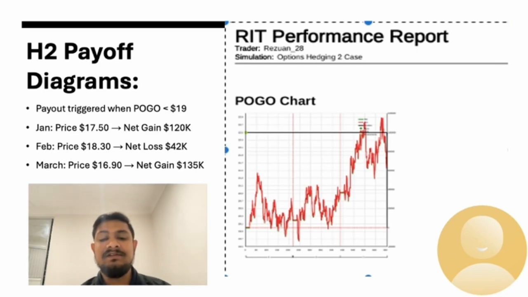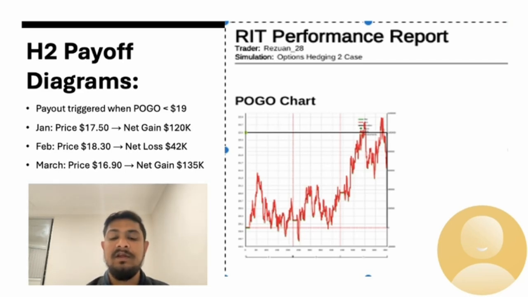The next slide is the H2 payoff diagrams. Here you can see the payoff diagrams and the results from the RIT performance report. The protective puts triggered payouts whenever the stock price of Pogo fell below 19. In January, the stock fell to 17.50 and we gained 120K.